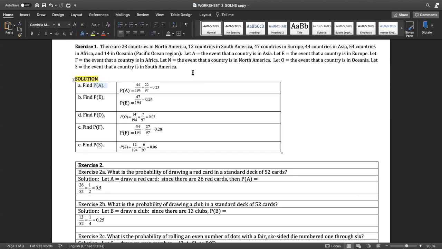So you're saying, okay, well, I know that there are 44 countries in Asia, so the relative frequency of picking a country from Asia, assuming that they're all equally likely to be picked, is just the ratio of the number of countries in Asia over the total number of countries worldwide here, split up into these regions. So there we're using again our notion of relative frequency, okay? So the probability is the relative frequency, 44 over 194.